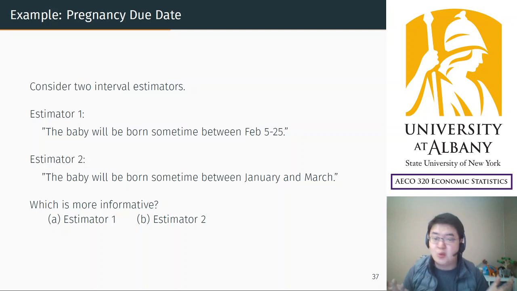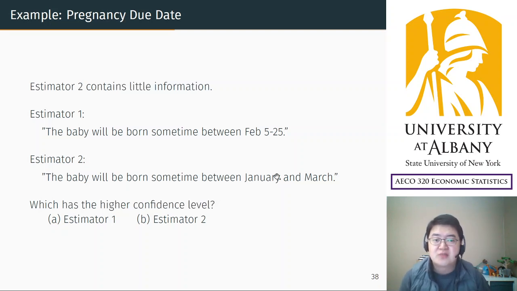So estimator 2 basically delivers no additional information. It's not medical information at all. I believe estimator 2 contains little information. Anyone can say that without checking anything, just by looking at the belly.